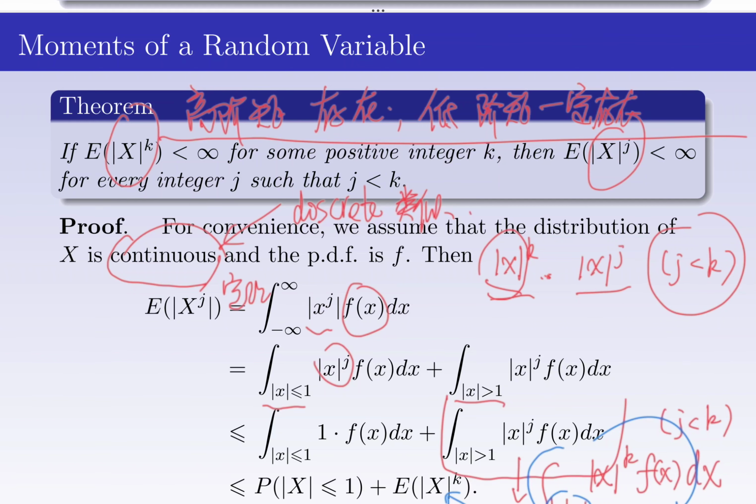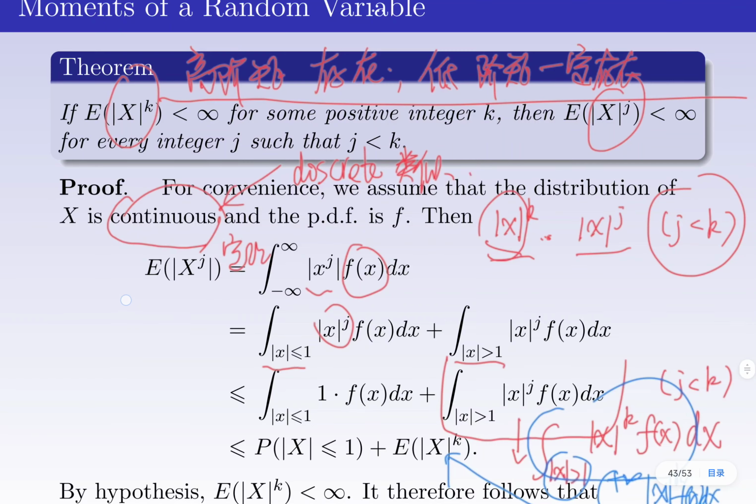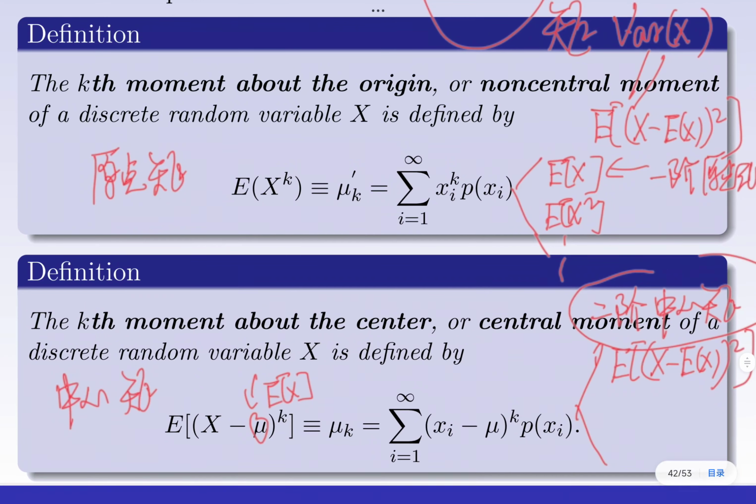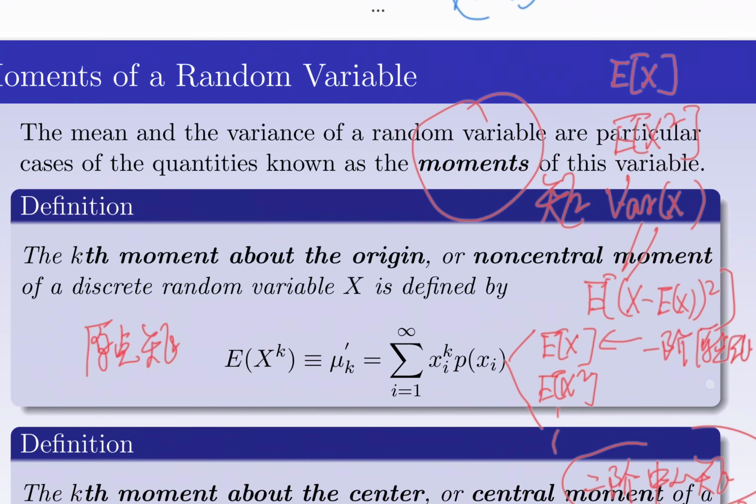What is the minimum moment? The case moment about the center, or central moment, of a discrete random variable x is defined by the case moment about the mean.